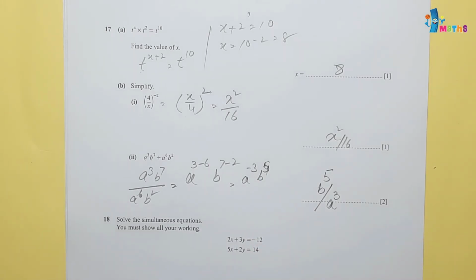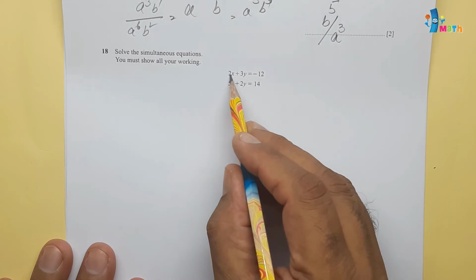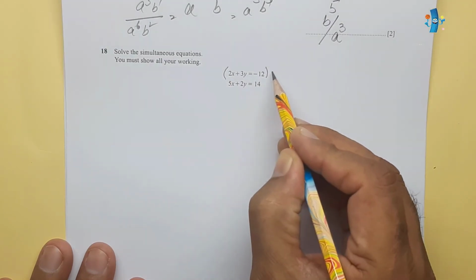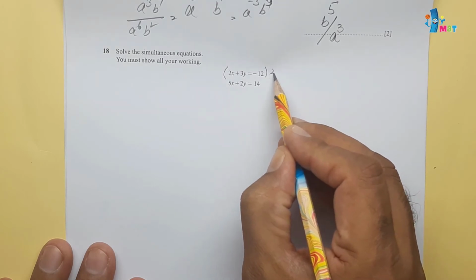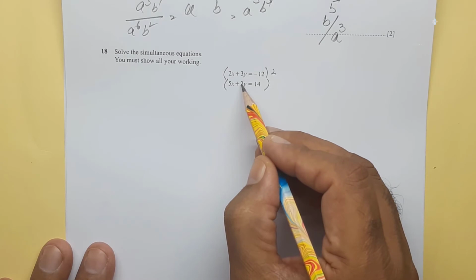Next, question number 18 is simultaneous equations, and if we check, the coefficients are different, so we'll have to multiply the first equation by 2 and this equation by 3. Basically I'm equalizing the coefficient of y.